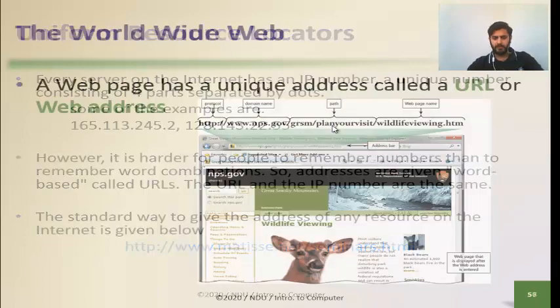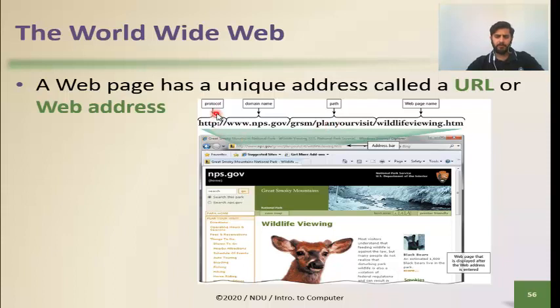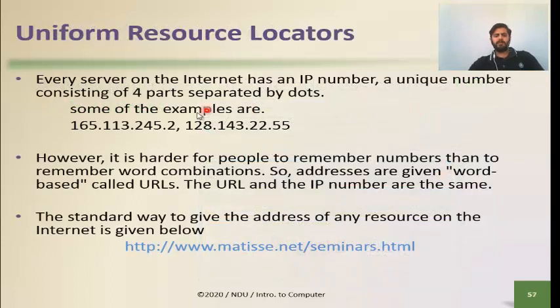Before moving towards the URL components, protocol, domain name, addressing, paths, and web page, we have to know a little bit about IP addresses first. Every server on the internet has a unique identification. It's just the same as when you are sitting at home working on your system: you have a separate IP address.